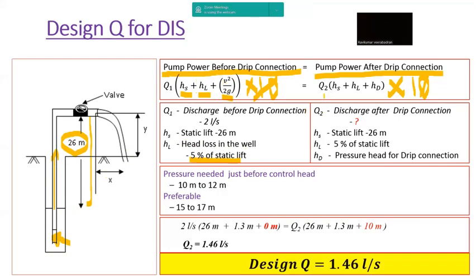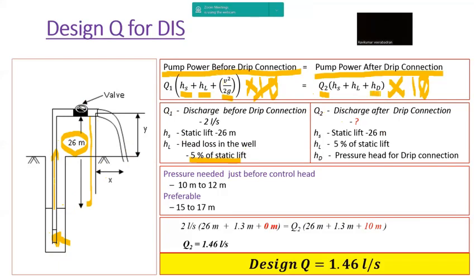Pump power after drip connection also has the same set of variables. Q2 is the discharge rate when the drip system is connected, and HS and HL are the same, static lift and head loss in the pipe and foot valve.